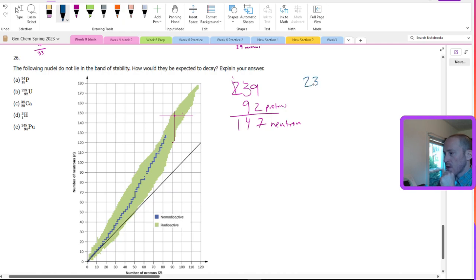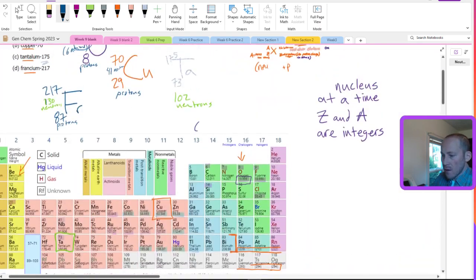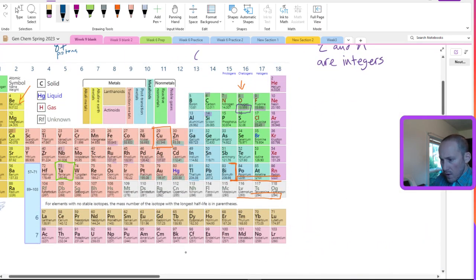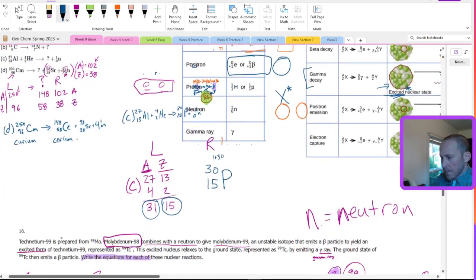Right, so for uranium-239, first it would lose an alpha particle, and it'd become 235 and 90. 90 being, we just went from uranium to thorium.